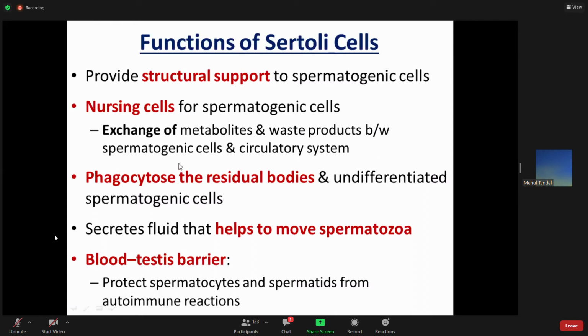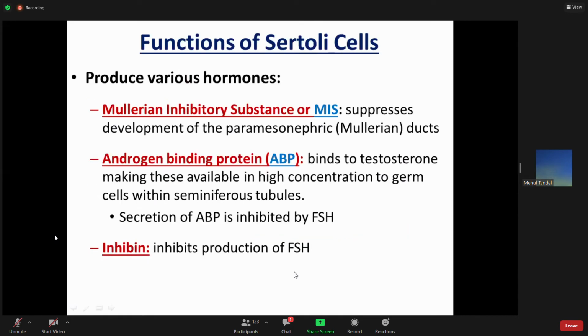Third, it also phagocytoses the residual bodies formed during spermatogenesis and undifferentiated spermatogenic cells. It also secretes the fluid that helps to move the spermatozoa. And lastly, the blood testis barrier protects the spermatocytes and spermatids from the autoimmune reaction.